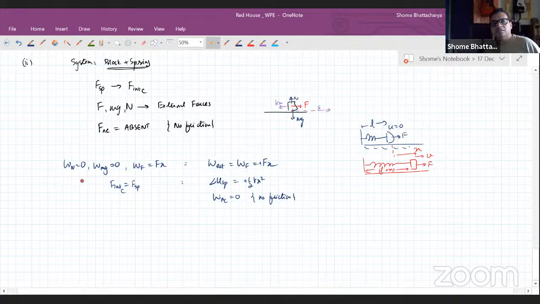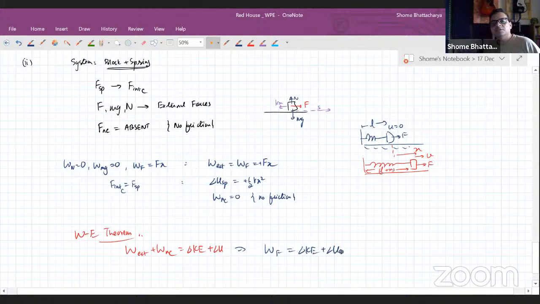Our statement of work energy theorem, which is the work done by external plus work done by non-conservative, is change in kinetic energy plus change in potential energy. So in this case, this theorem reduces to this: work done by F is equal to change in kinetic energy plus change in spring's potential energy.